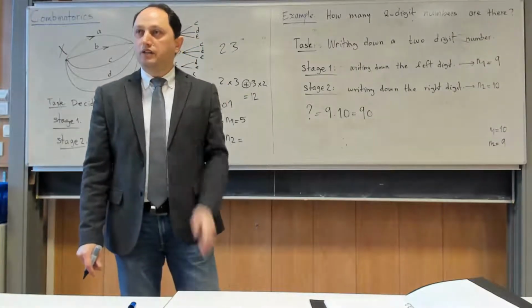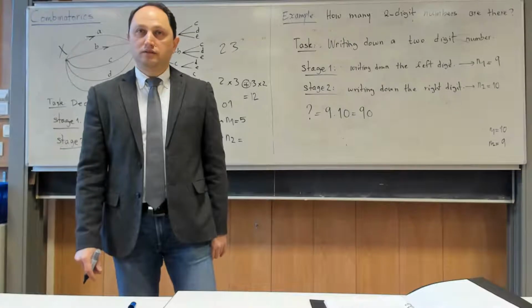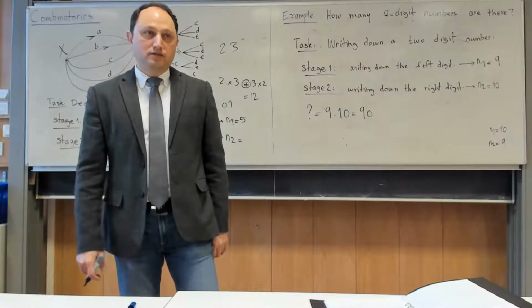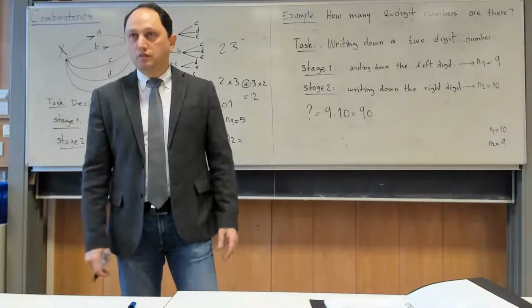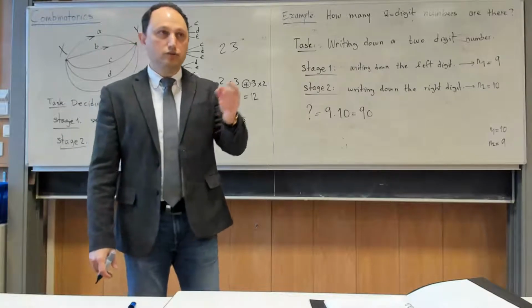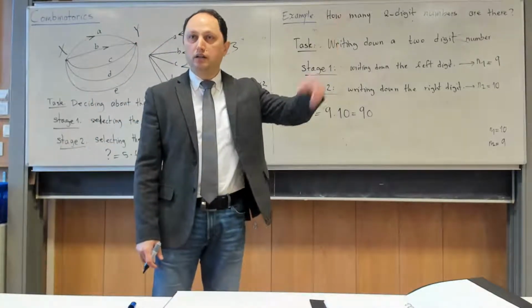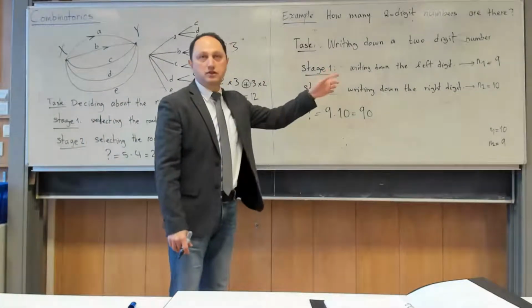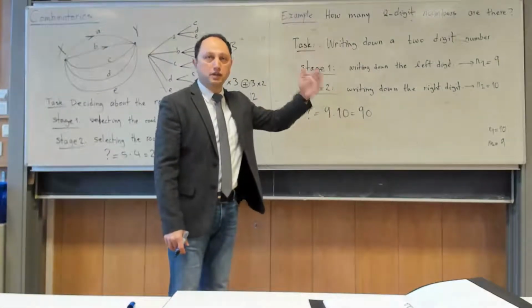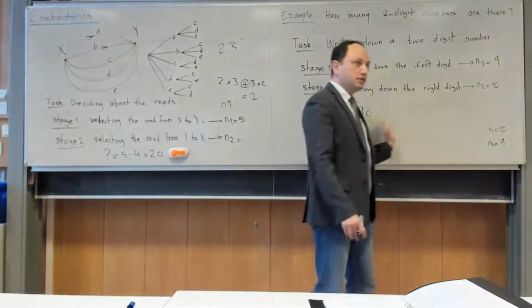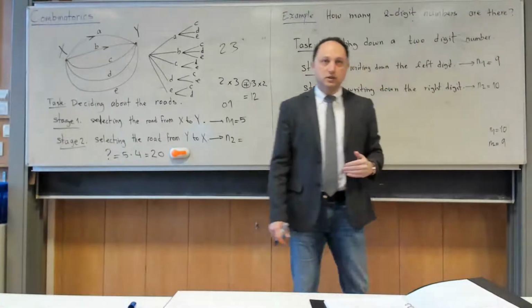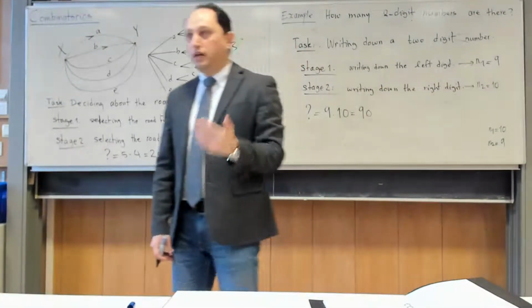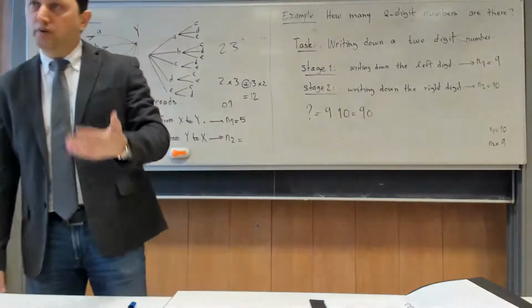So how many of them are left then? Yes? 81. Because 11, 22, 33, up to 99, there are 9 of them which have repeated digits. I don't want to have them. I know the total number is 90, and I subtracted this, then it becomes 81. So that is a complement rule.